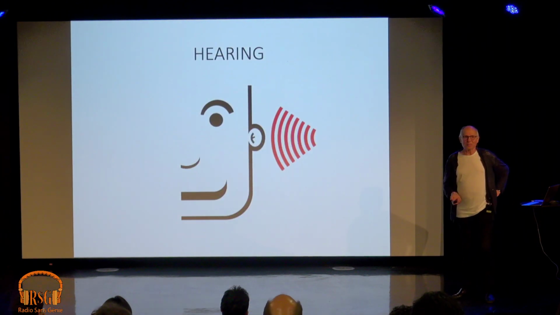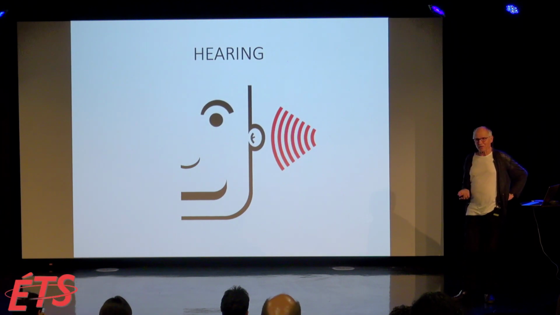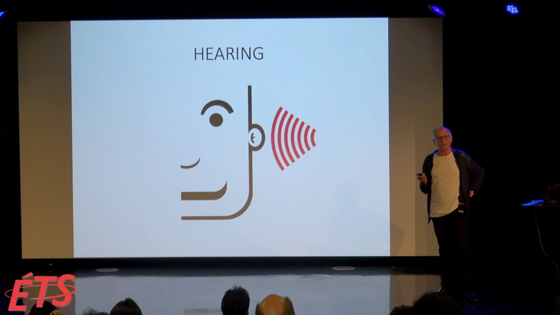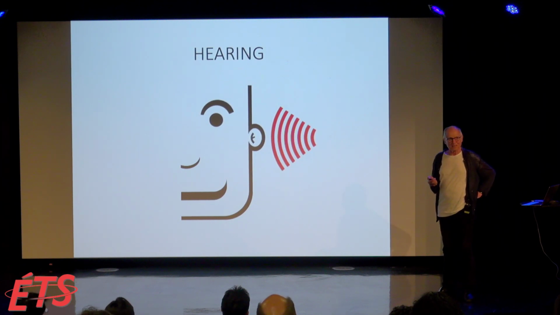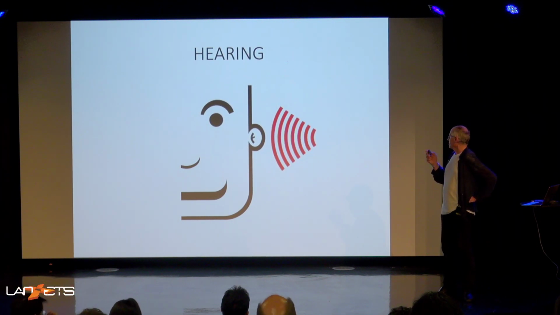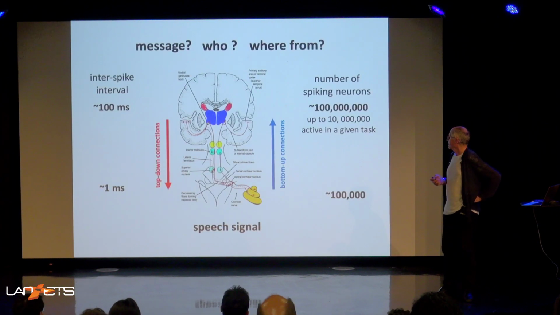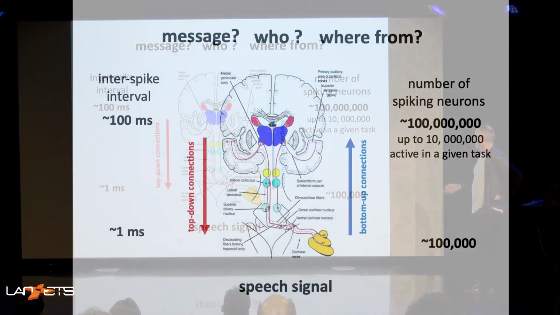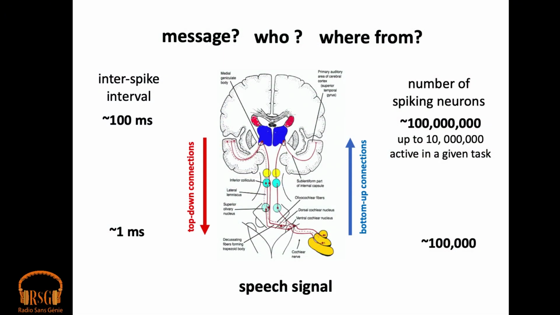At this point, we have to go to hearing for me to convince you that this is exciting. Hearing looks like this. You start with the speech signal, and you go through a number of stages, and you get into the brain, or the auditory cortex.